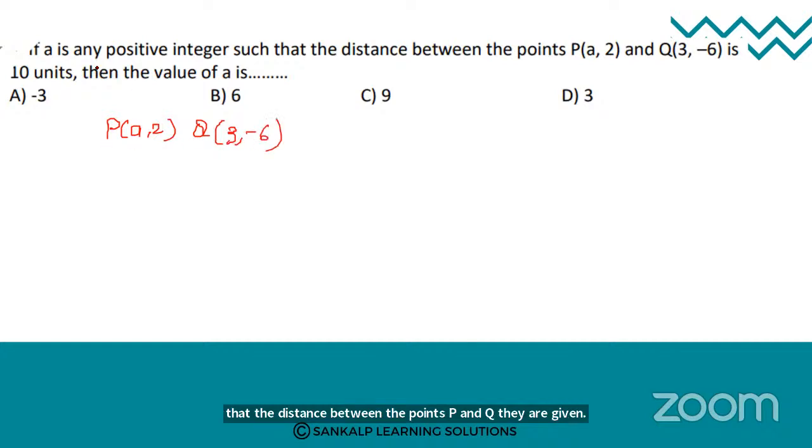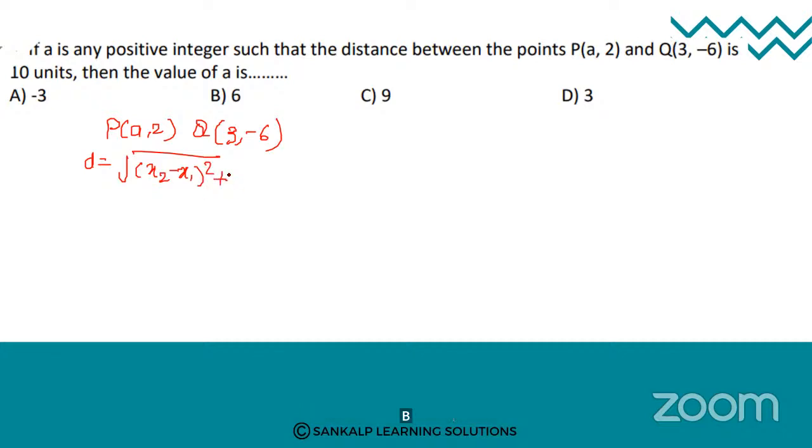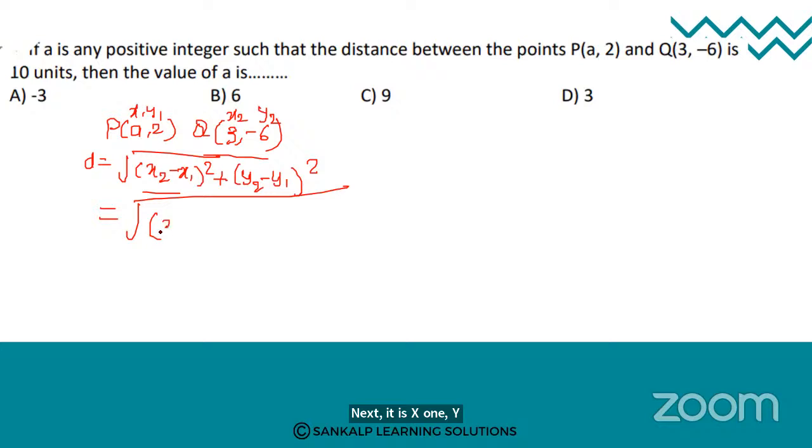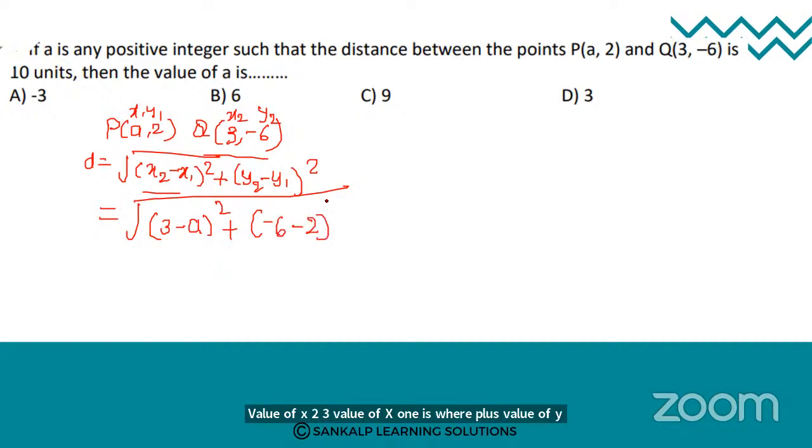Okay, they have given the distance between these two as 10. What should we do? We will apply the distance formula. Square root of x2 minus x1 whole square plus y2 minus y1 whole square. Right? Next, it is x1, y1, it is x2, y2. Now tell me, value of x2 is 3, value of x1 is a, square, plus value of y2 is minus 6, value of y1 is 2. 3 minus a whole square plus minus 6 minus 2.